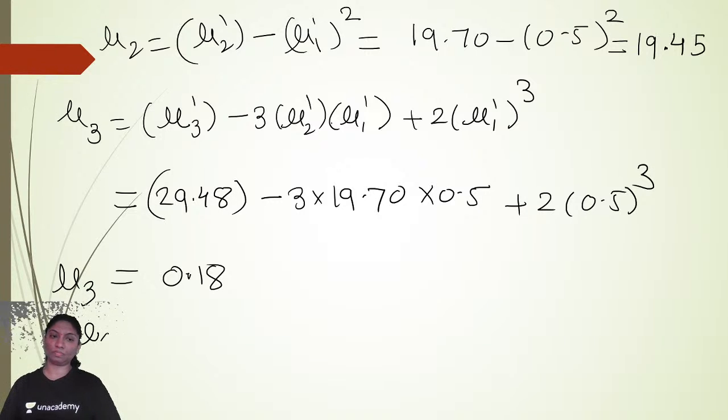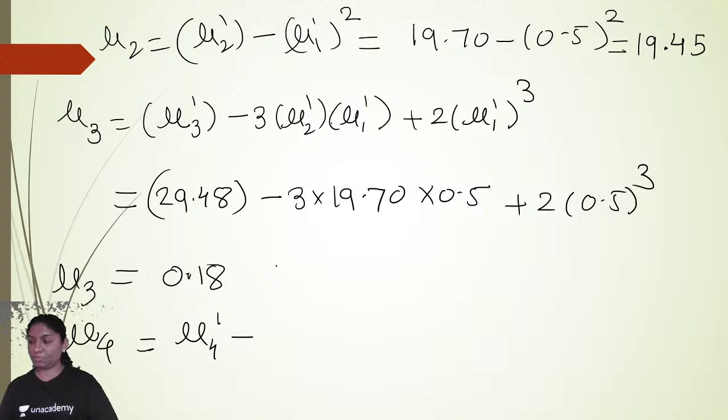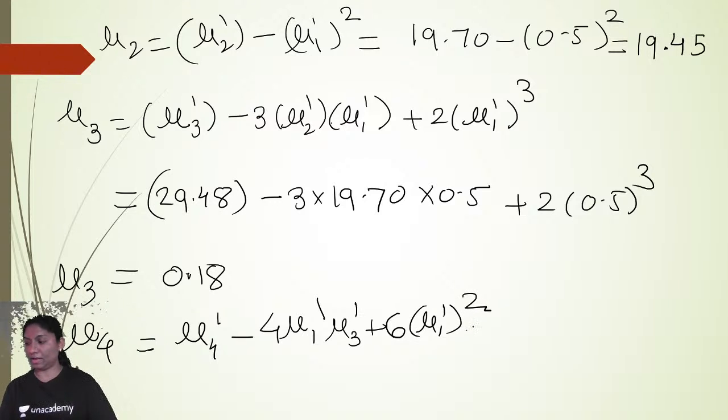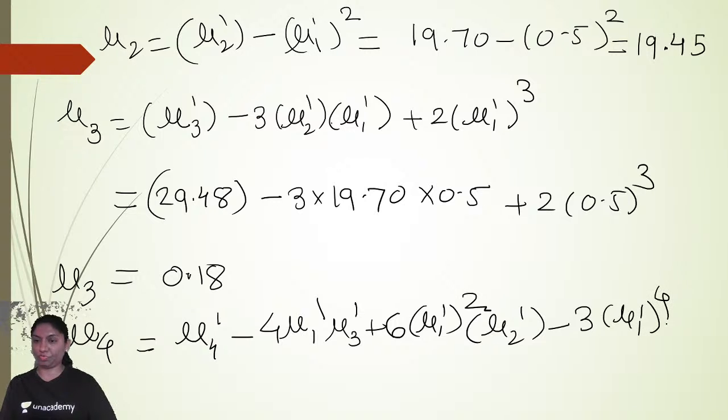Mu4 is equal to mu4 dash minus 4 into mu1 dash into mu3 dash plus 6 mu1 dash bracket square into mu2 dash minus 3 into mu1 dash raised to 4.